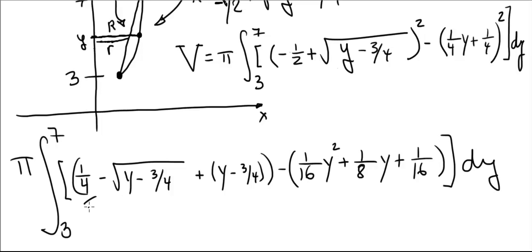We have a constant over here, 1 over here, and then 1 over here. So let's combine those two.